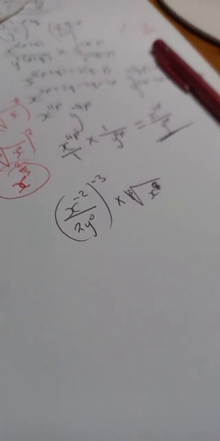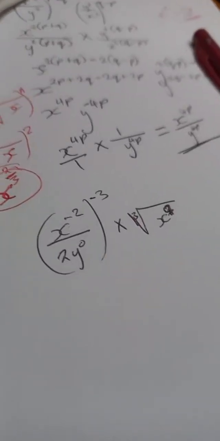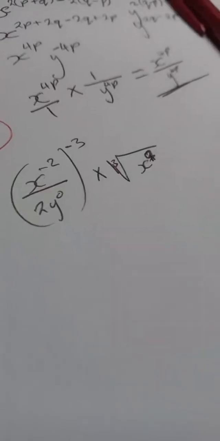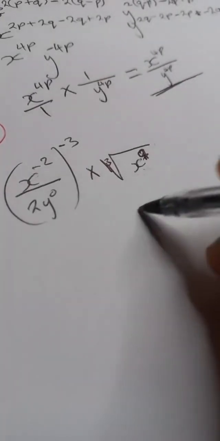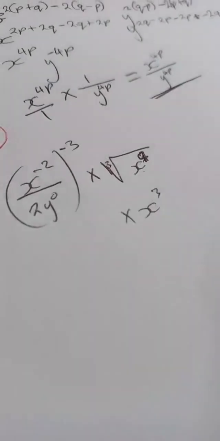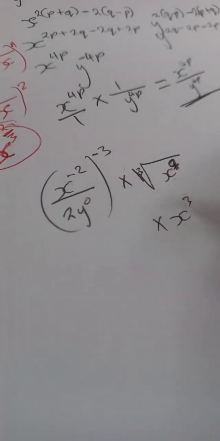Right? So this is our question. What are we going to do here? Very, very simple. Cube root here is 3. So it's going to be x to the power 3 times. We come this side, exponents are going to be playing together, right?